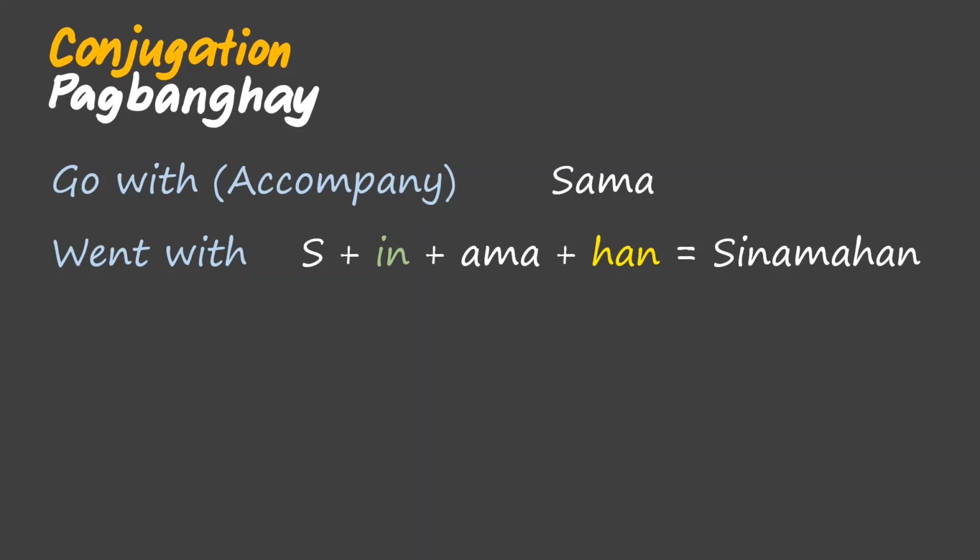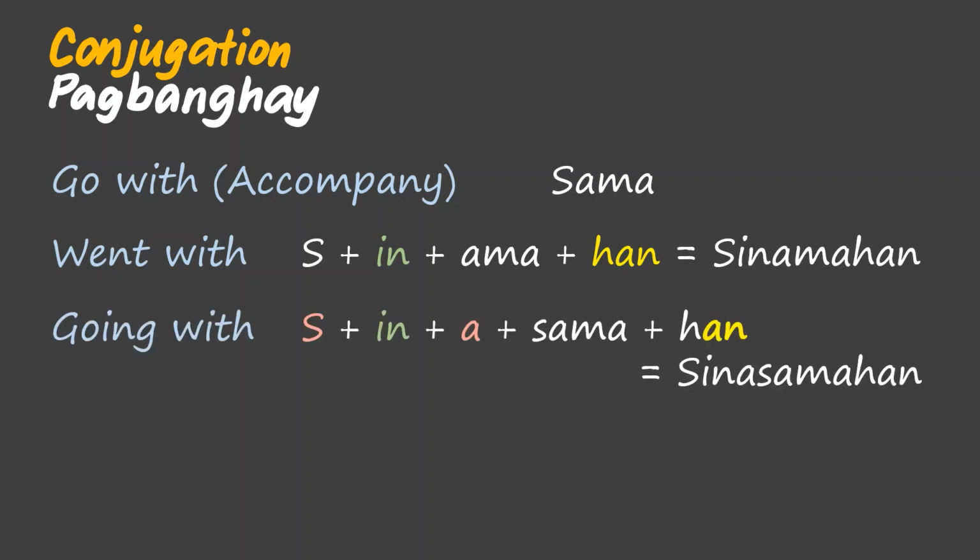So we insert an in between the first two letters of the first syllable. Plus we added the suffix han, sinamahan. When do we use han? We use han when the verb ends with a vowel, and we use an when the verb ends with a consonant.